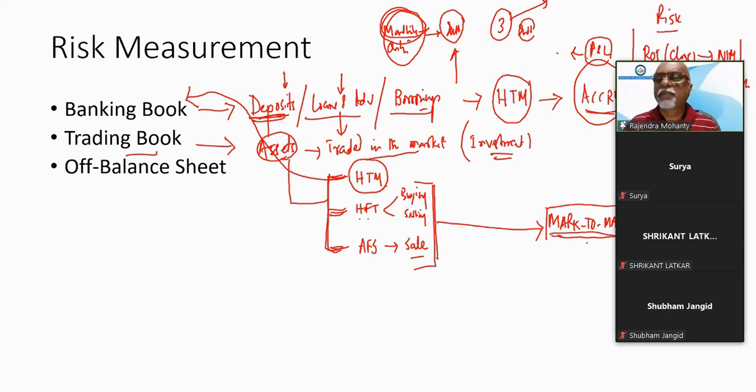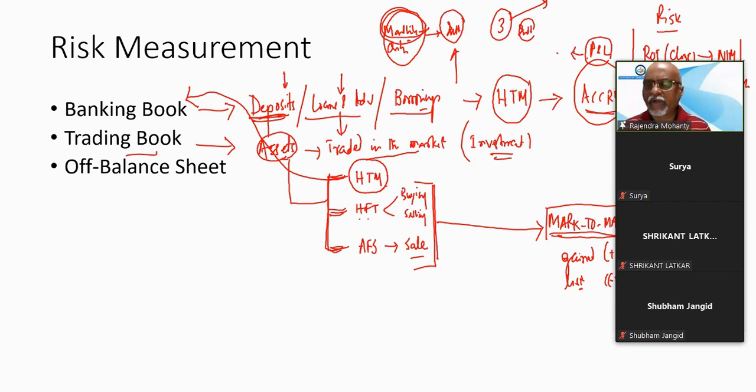Questions are coming. Mark to market means each and every day the position at the end of the day of the bank due to the investment portfolio, the bank may have gained or the bank might have lost. So there might be a profit or a loss.